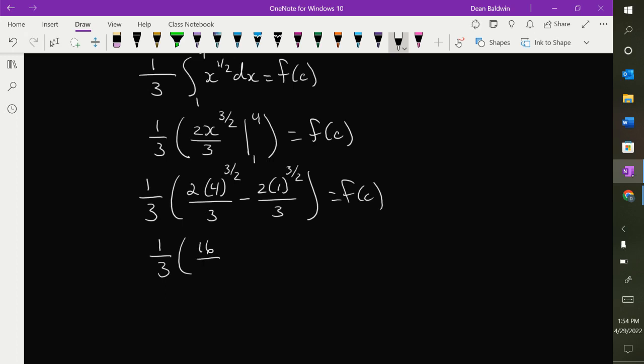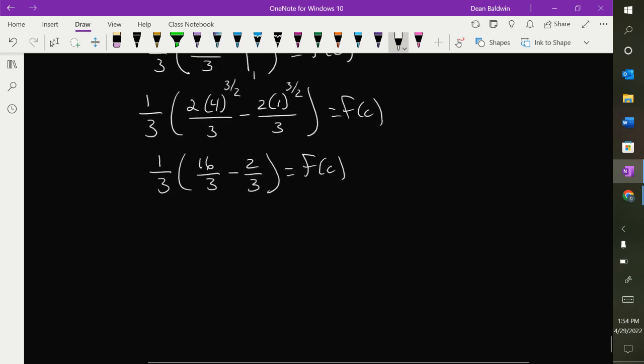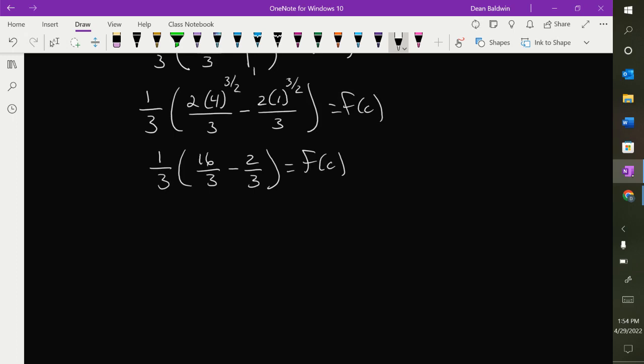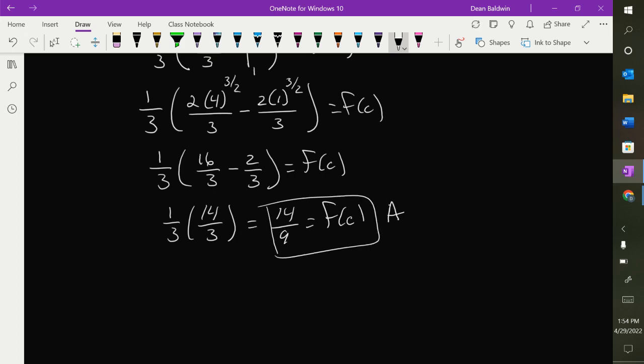So I get 16 over 3 minus 1 to any power is 1, minus 2 over 3. Okay. 16 minus 2 is 14. 14 over 3. Multiply the 1/3 in. I get 14 over 9 is equal to f of c. That is my average value.